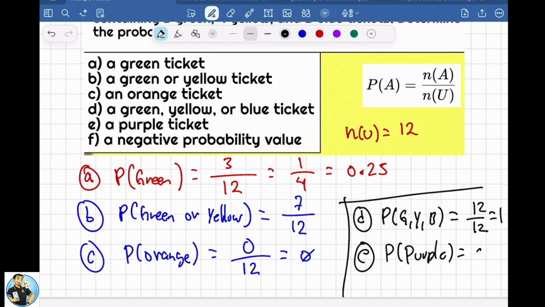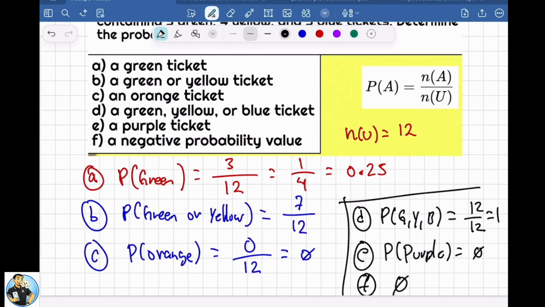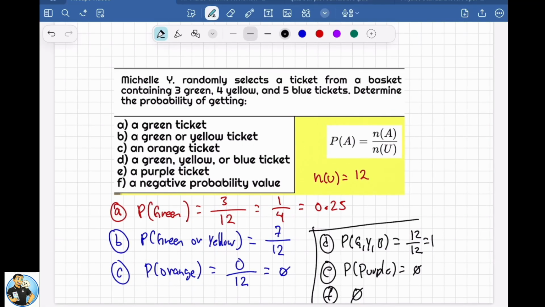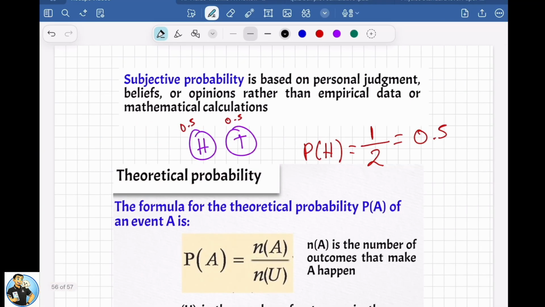This would be 0. We don't have purple tickets. And F, again, 0. A negative probability is impossible. Remember, probability is between 0 and 1. We never use negative values or values greater than 1. So this is 0, impossible. In this context, 0 means impossible to happen. So that's it, this is easy peasy.